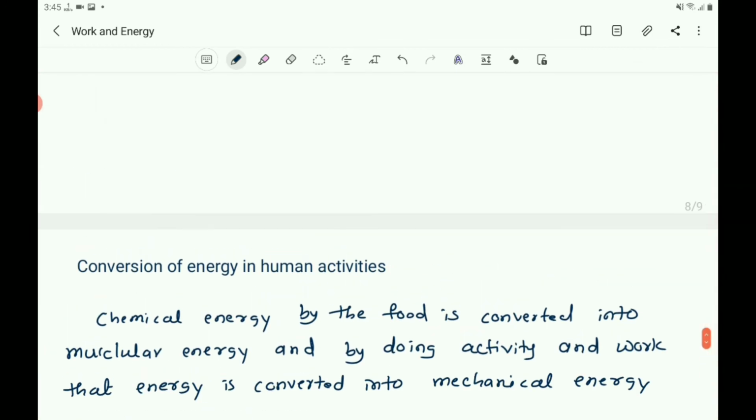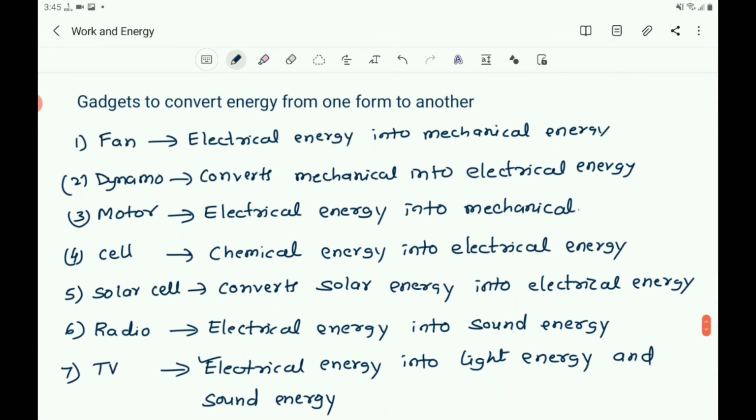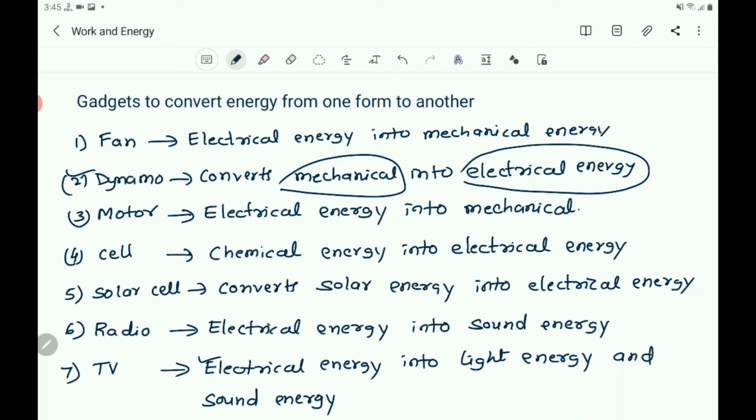For example, you know that dynamo converts mechanical energy into electrical energy. The total mechanical energy before the conversion is equal to total electrical energy after the conversion.